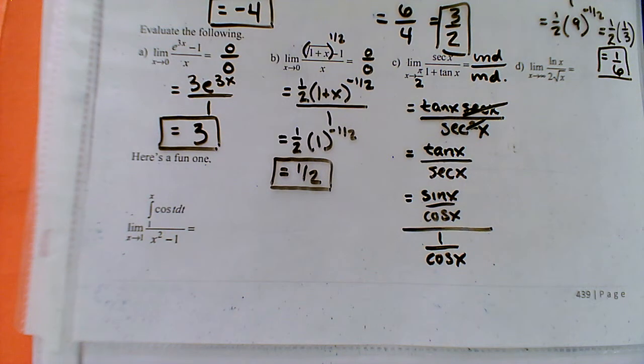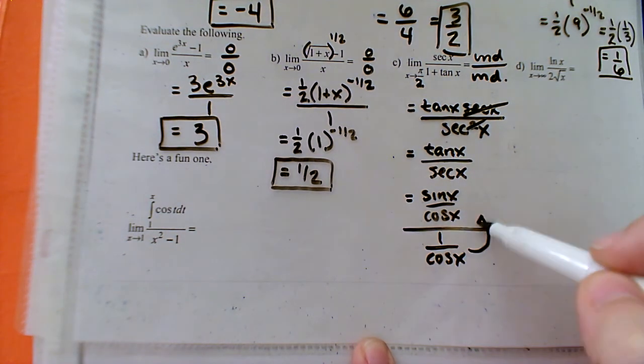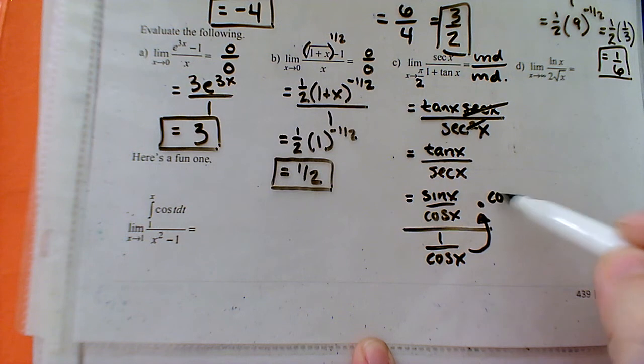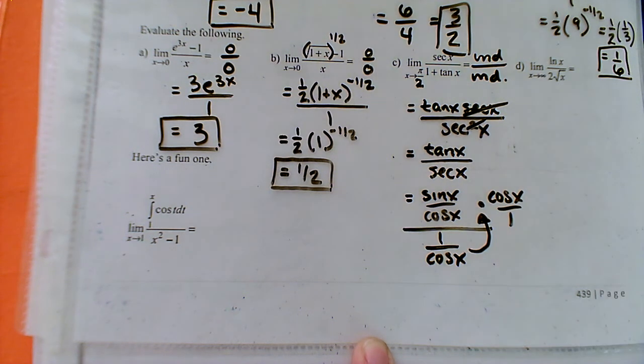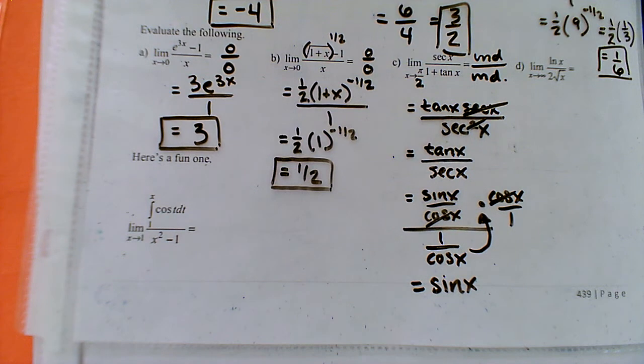That would be secant. Instead of dividing by a fraction, we can bring it up and multiply by the reciprocal, which would be cosine over 1. Notice how the cosines would cancel, so we're just left with sine of x over 1, but that's just sine of x. So let's try direct substitution.